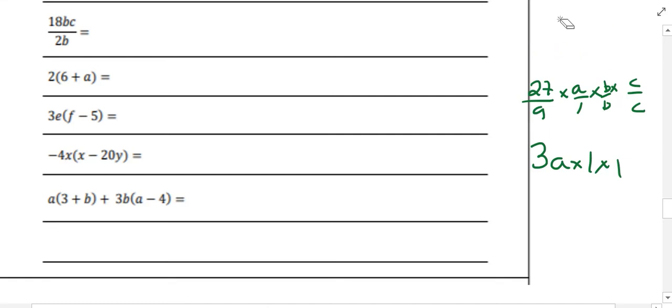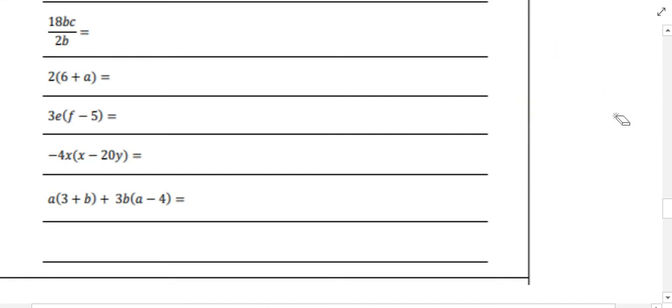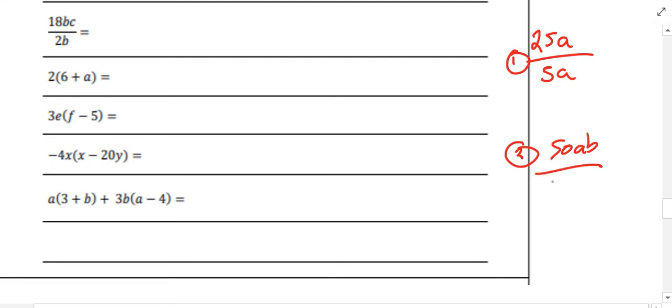Okay, so you have a go at doing these two for me. Let's do 25A over 5A. Let's do 50AB over 25AB.